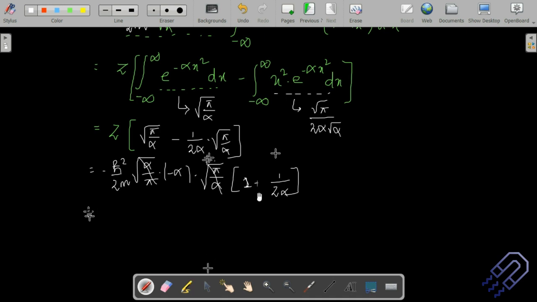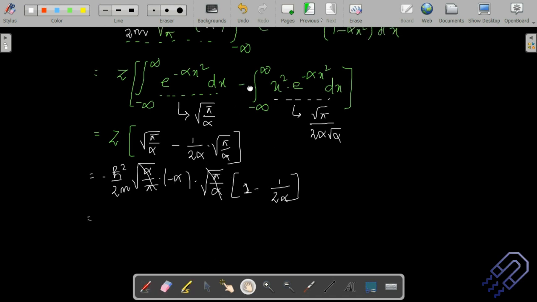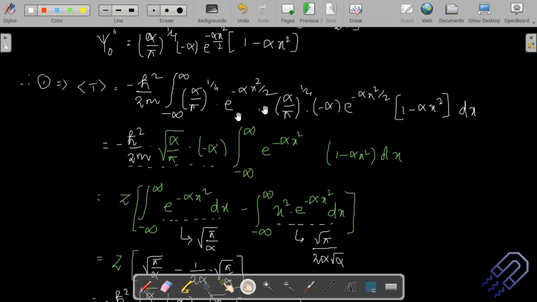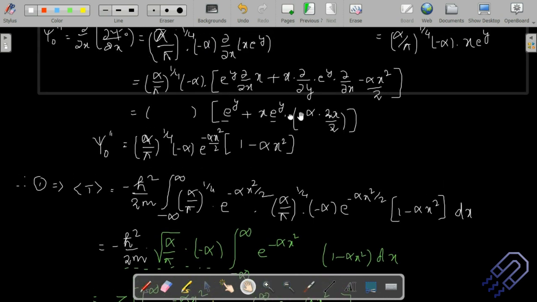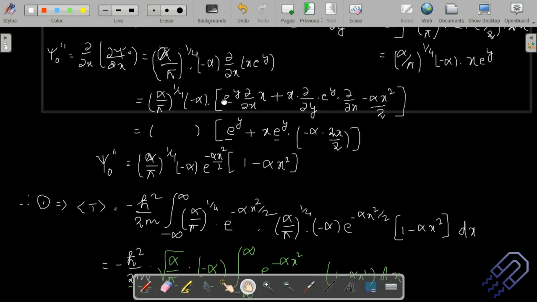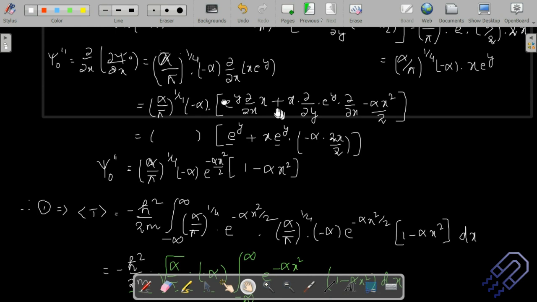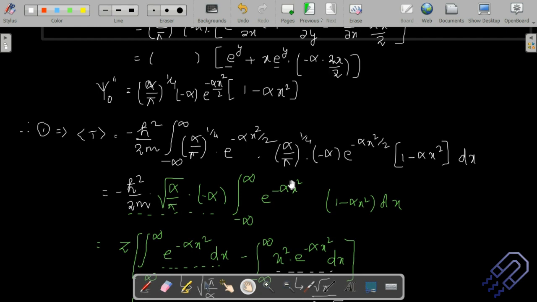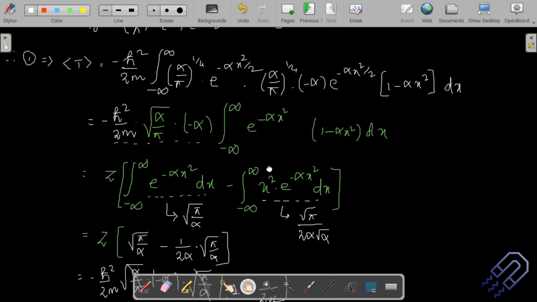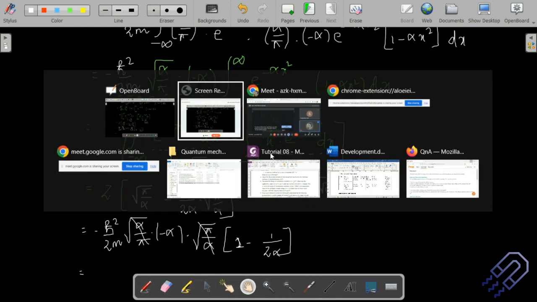I think there is a problem somewhere. Some mistake is done. This is minus alpha. It's good. Okay, this is fine. Let's just check. I think we missed out one alpha somewhere. Okay, let me just check it once.